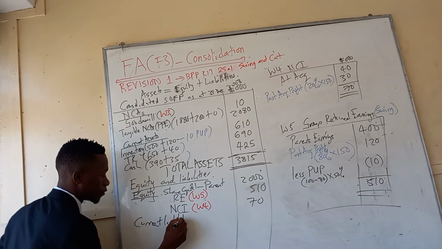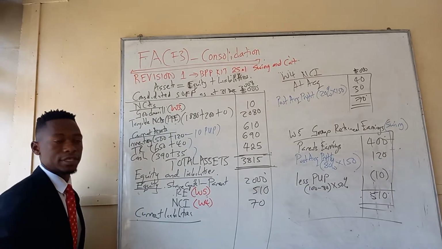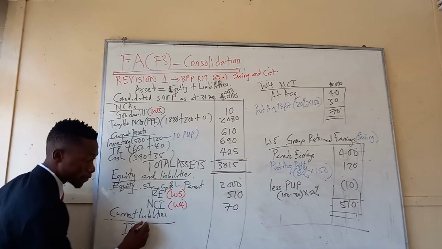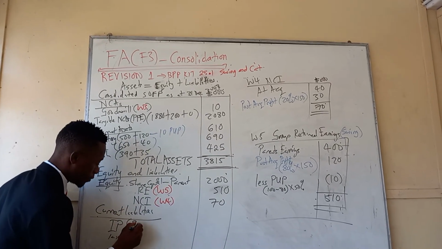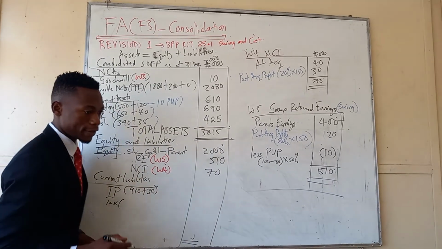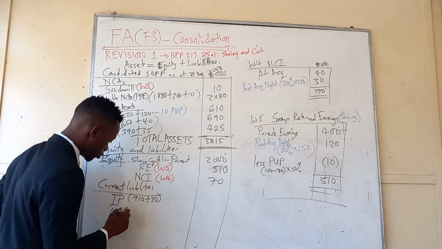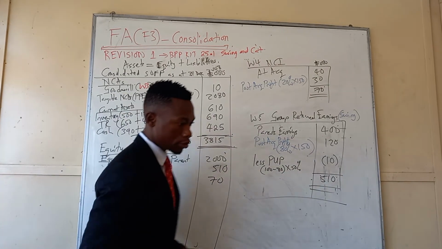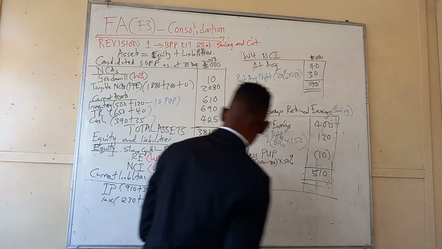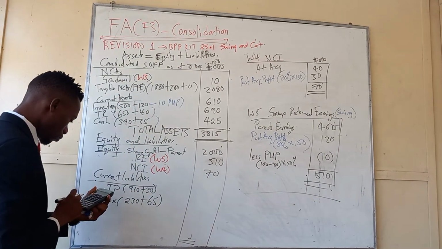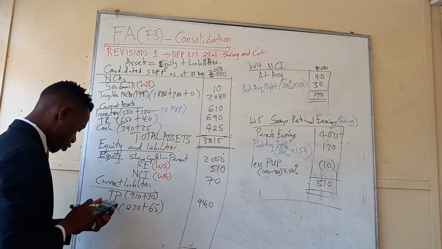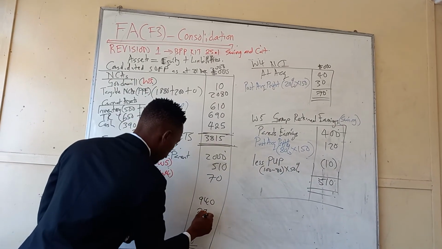Then what about the current liabilities? Consolidation means adding together. Trade payables and the tax. 910 plus 8. What about the tax? The tax, that's 2/3 plus 65, right? So you add 940, 2/3 plus 65, 295.